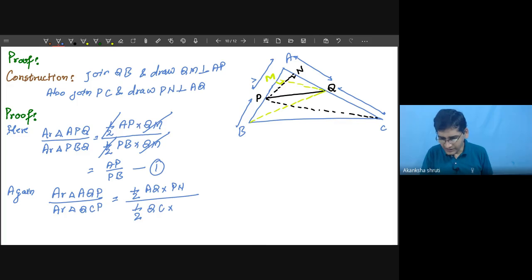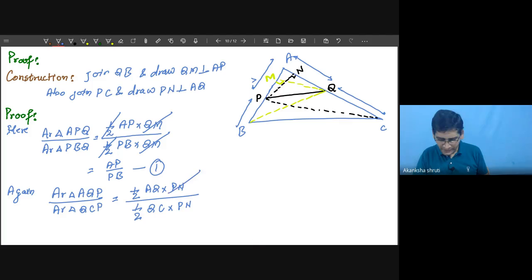QC into the perpendicular for this triangle QPC, where QC is taken as base, will be from the remaining vertex P over this extended part of QC, which is our N. So it is our PN.